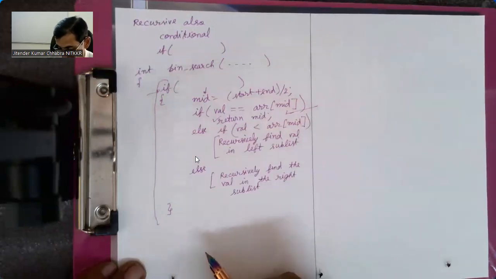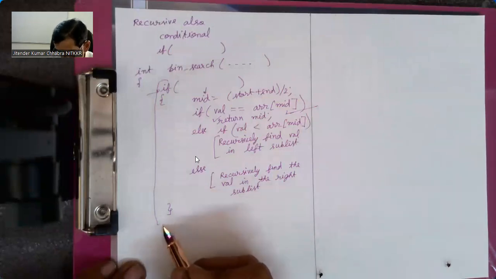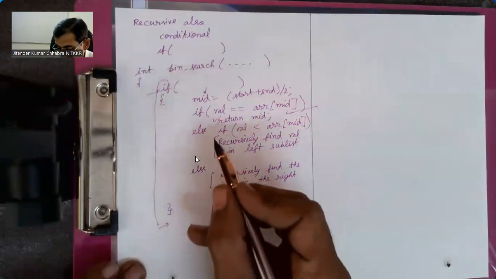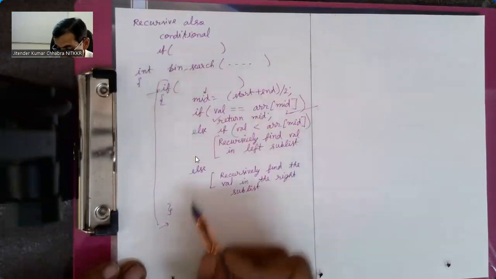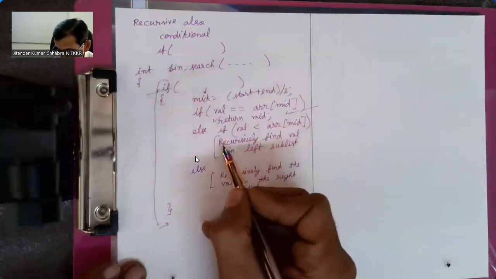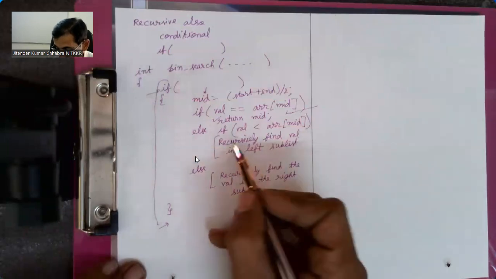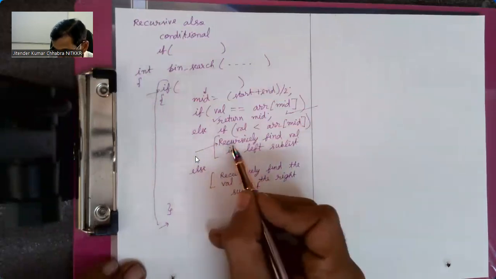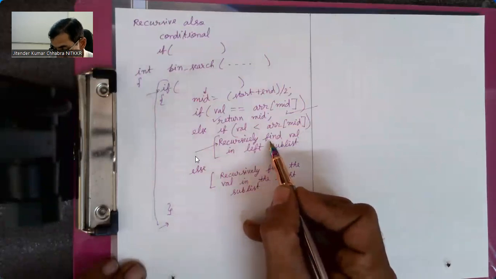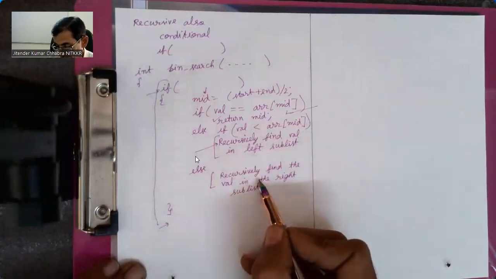Now, if unsuccessful, when should I say return -1? But now I can't say that I should write return -1 here. Then return -1 will be only possible when I am able to conclude. If this recursion works, this might find a value in between. This also might find a value in between.